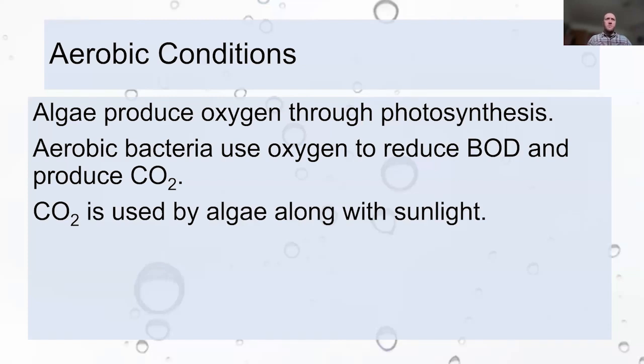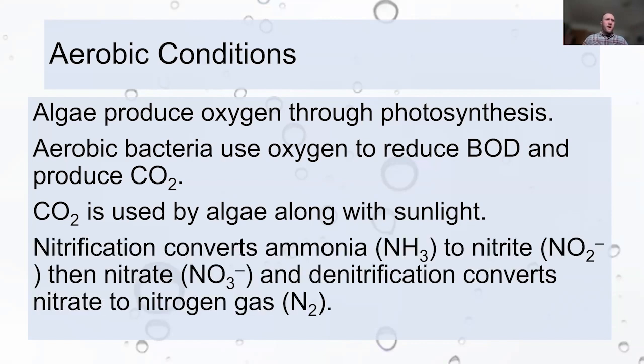That CO2 can also be utilized by algae, so they're using that CO2 with sunlight for photosynthesis. And then nitrification converts the ammonia to nitrite, then to nitrate. And then the denitrification process happens, which converts that nitrate into nitrogen gas.